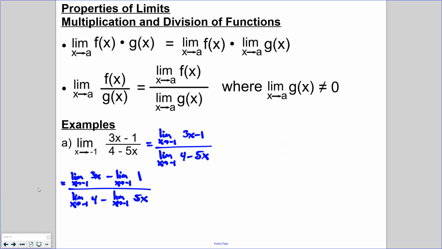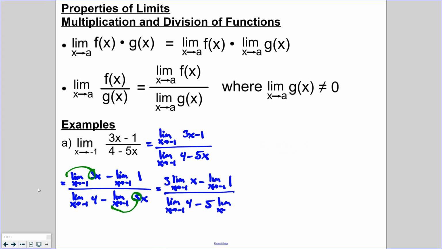All right, so then continue working on here. We've got some coefficients that we can factor out. And that's going to leave us with 3 times the limit as x approaches -1 of x minus the limit as x approaches -1 of 1, all over the limit as x approaches -1 of 4 minus 5 times the limit as x approaches -1 of x.